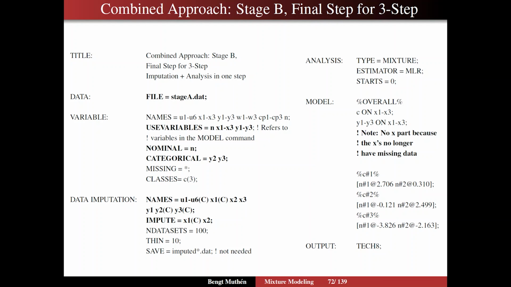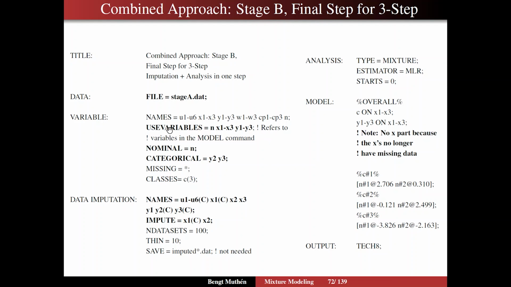Slide 72, then, you have stage B, the final step, and let's take three-step first. So the data file is the stage A data that we created in the previous stage. And this is the names list that we just looked at.